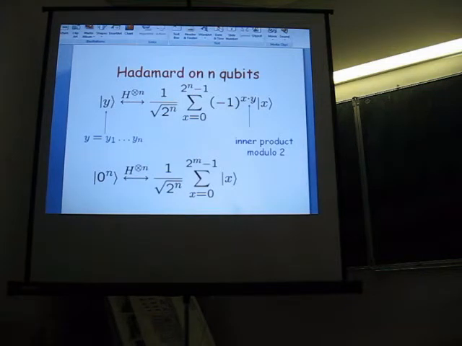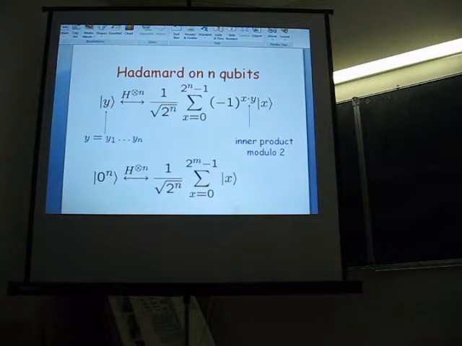So if you apply Hadamard to n qubits, note here that I just did the n-fold tensor product of the Hadamard, which physically you can think of as doing a Hadamard to your first qubit, a Hadamard to your second qubit, independently a Hadamard to your third qubit.